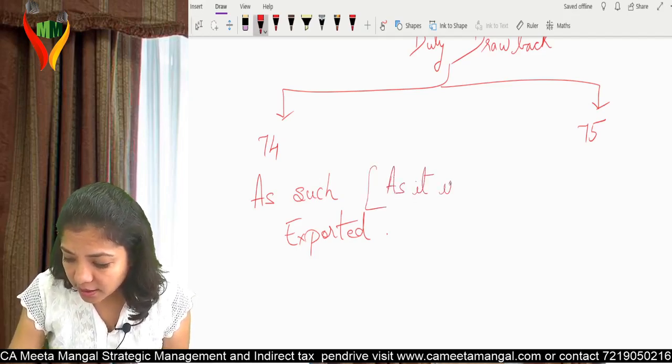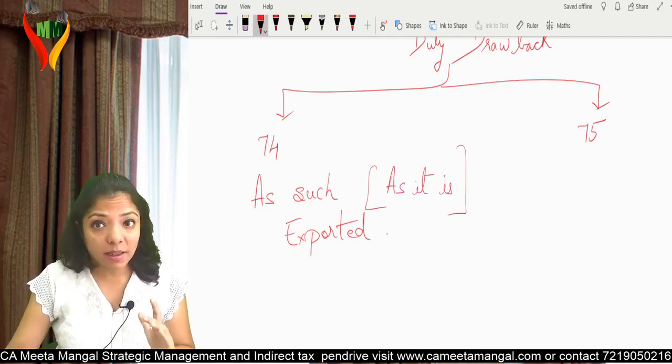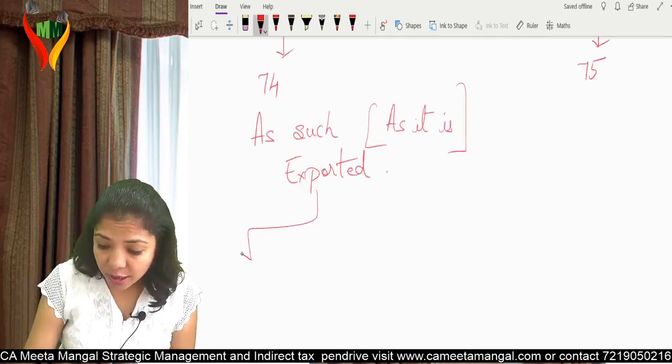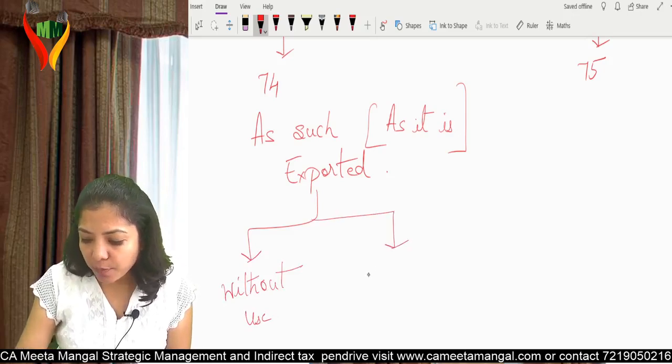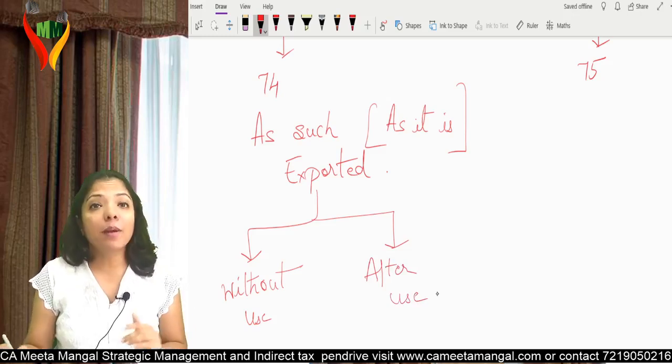Now it depends. I may export it without use, or I may export it after use.